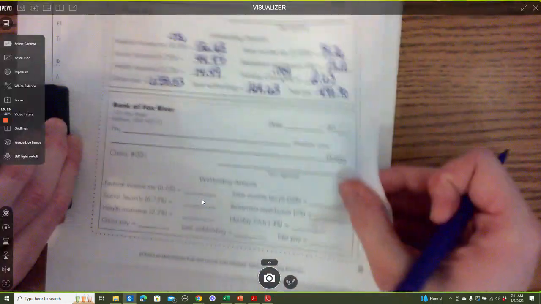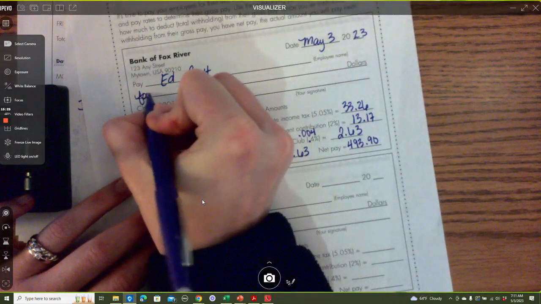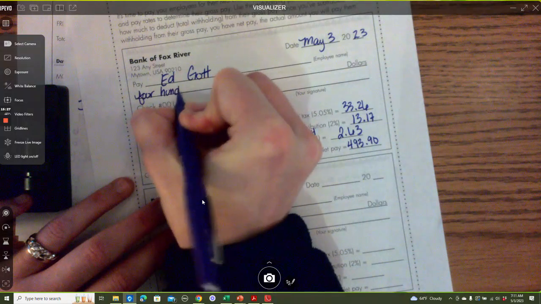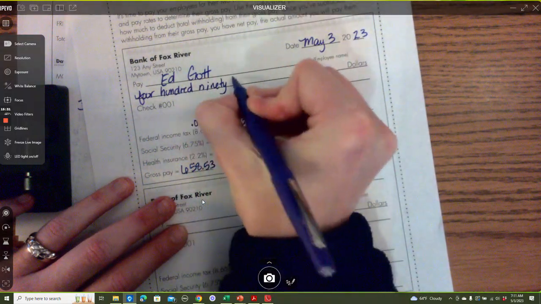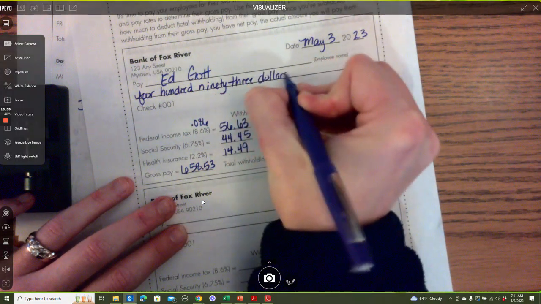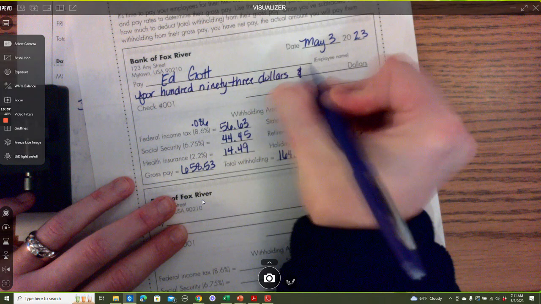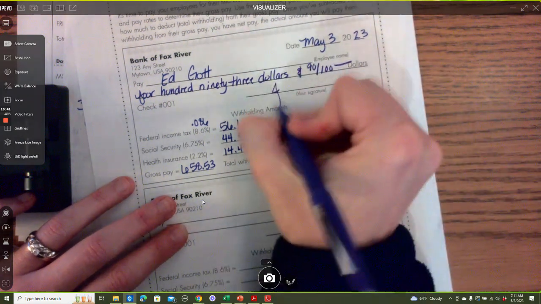So even though his gross pay was this, this is all they're cutting him a check for. So $493.93, and then the 90 cents would be 90 over 100, and then sign it.